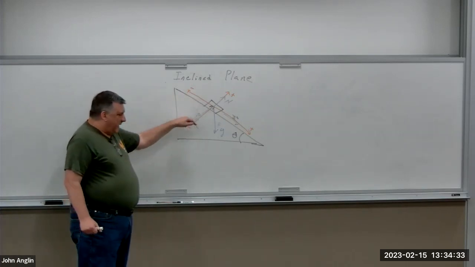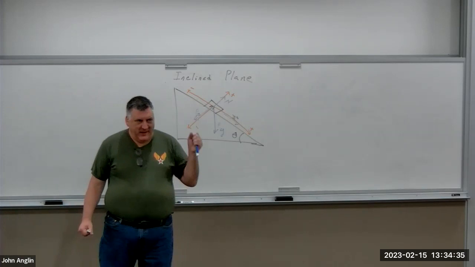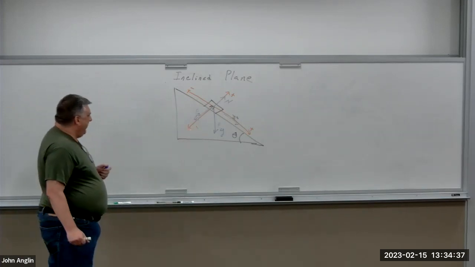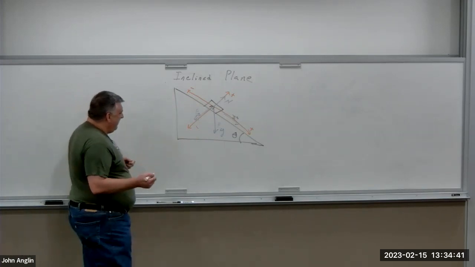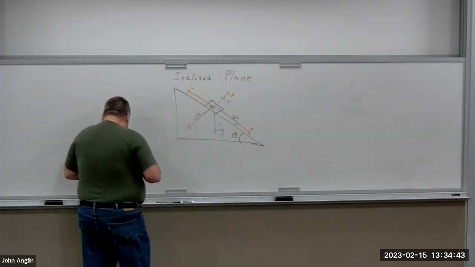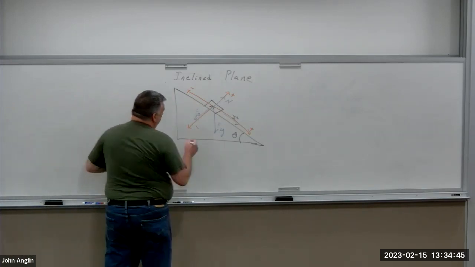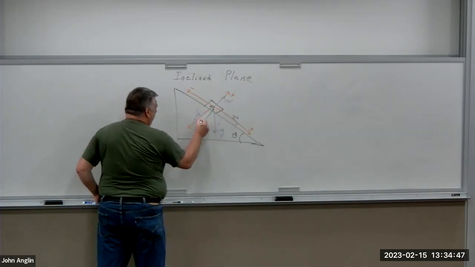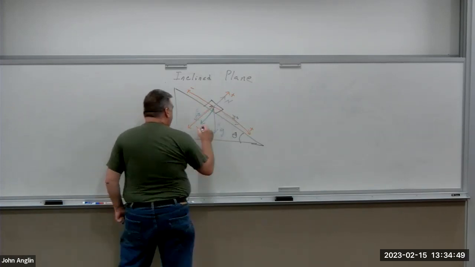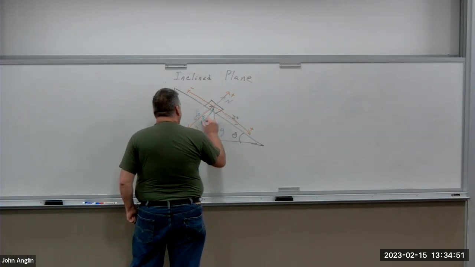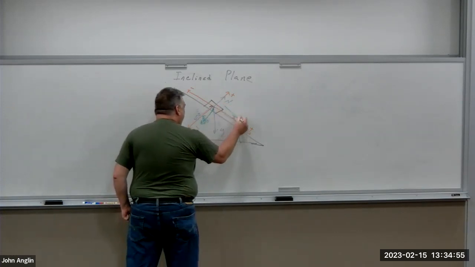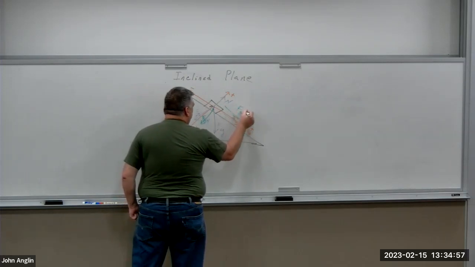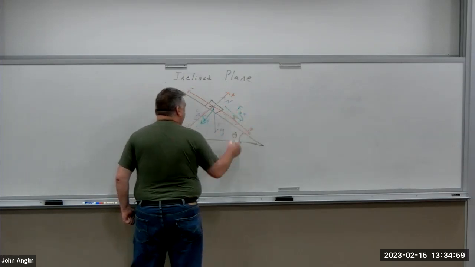That means that some of the gravity acts in the x direction and some of it acts in the y direction. So let's try to use a different color. So this is going to be our force due to gravity in the y direction. And this is going to be our force due to gravity in the x direction.